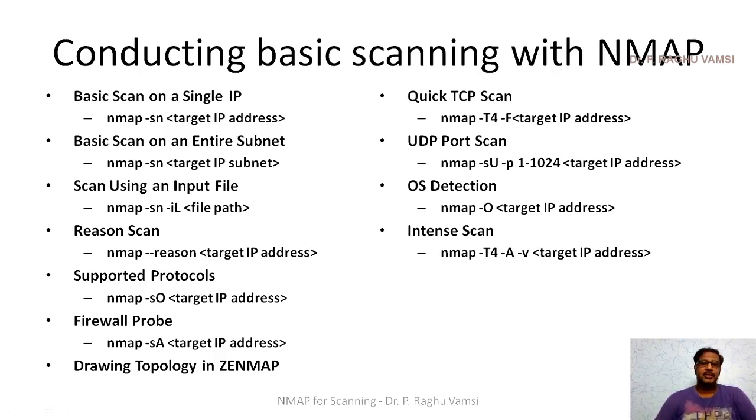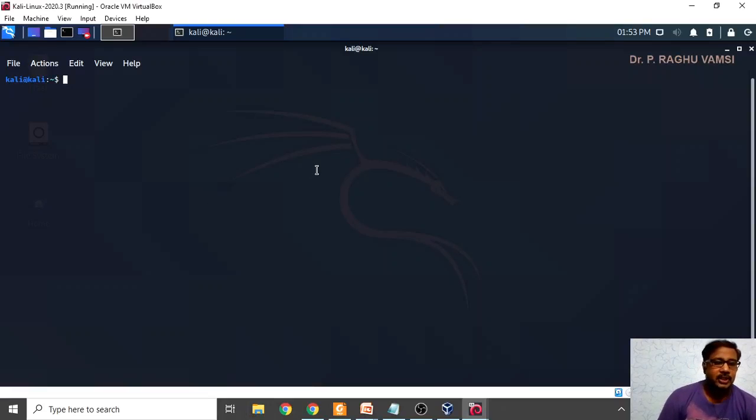This kind of information we are going to get with the help of the firewall probe. Now we'll see -sO, the supported protocol option, and the firewall probe. I would like to see the supported protocols in Metasploitable 3.